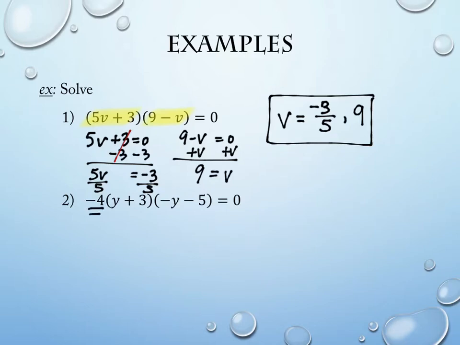You'll notice that you have this negative 4 in front, right? Well, in theory, you're welcome to write down negative 4 equals 0, y plus 3 equals 0, and negative y minus 5 equals 0. But the reality is that this is sort of not necessary. Why? Why do I really not need to write down that piece at the beginning?